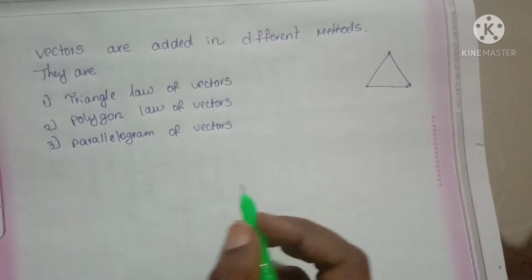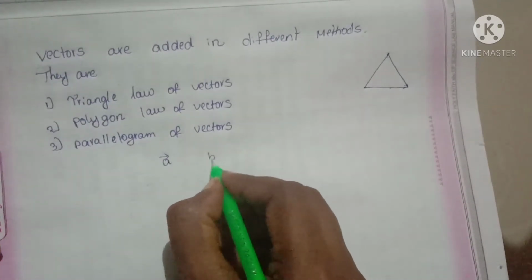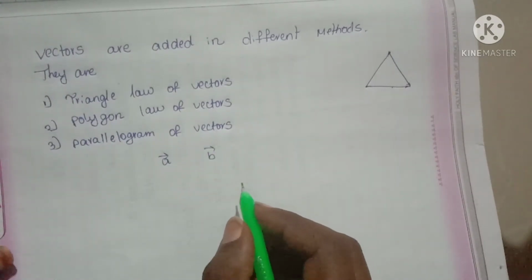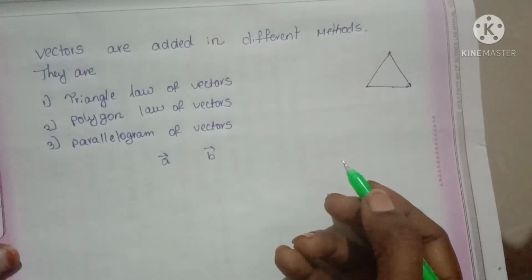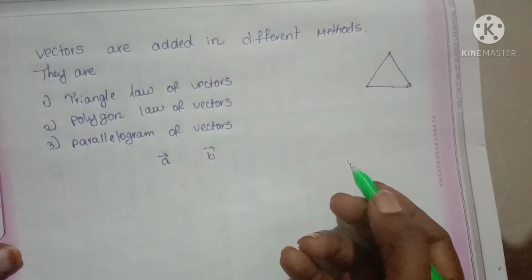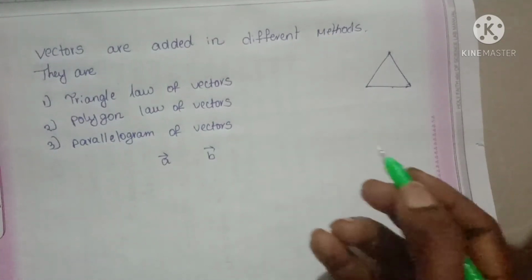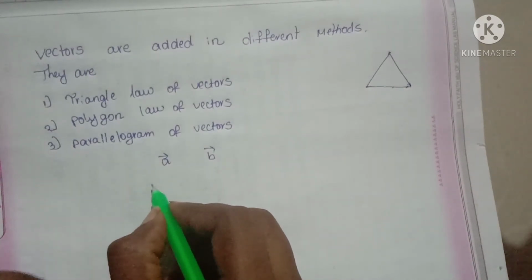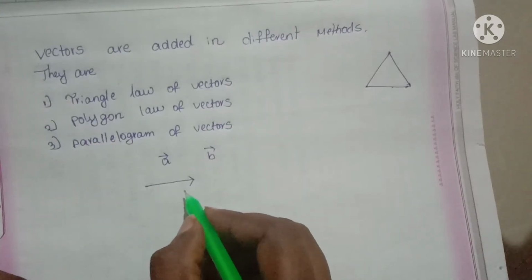First I am taking two vectors: A bar is one vector and B bar is the second vector. How can you represent them? First step, arrange the vectors so that the terminal point of one vector coincides with the origin of the other vector. Before, I explained the graphical representation of a vector.